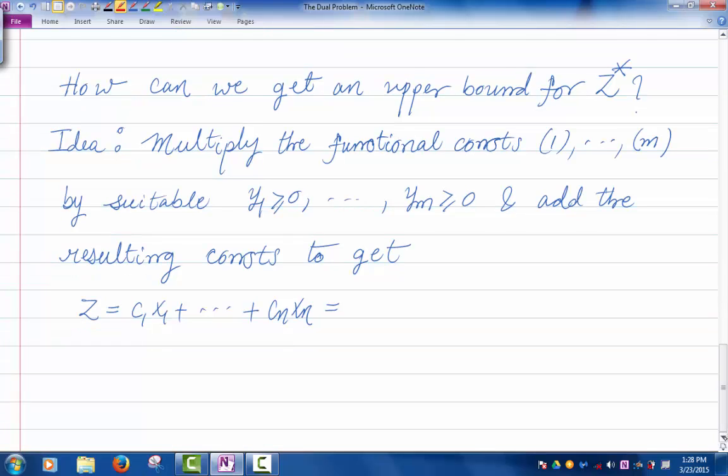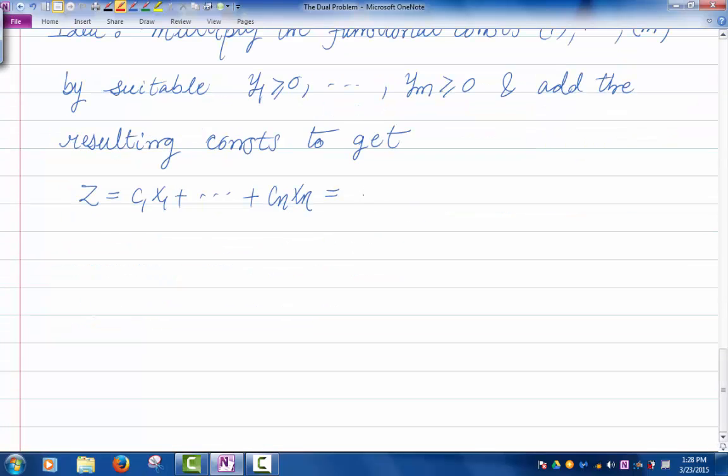So I could say that in order to get, I'm multiplying each of the left-hand sides by what? L1 is being multiplied by Y1 plus ... Lm is multiplied by Ym, right?